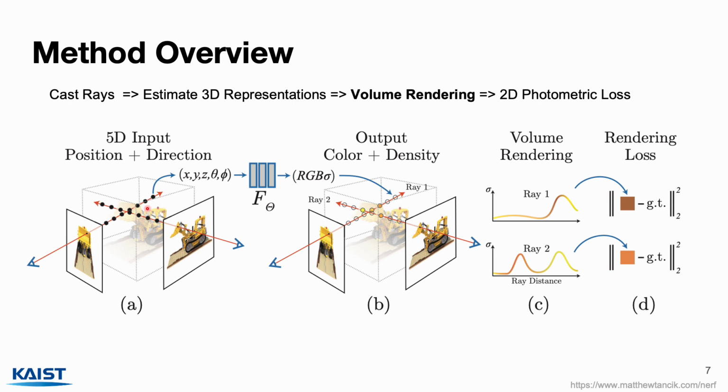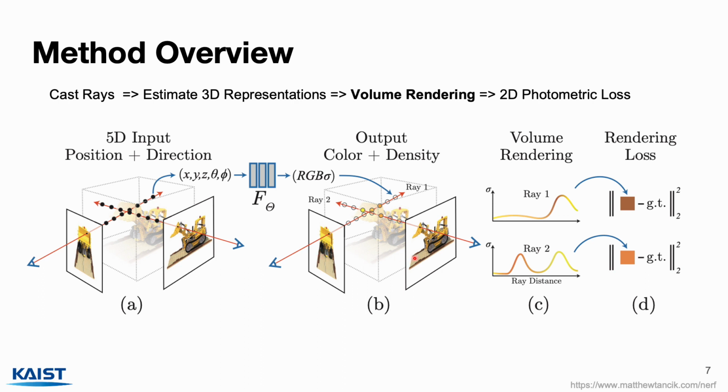We sample hundreds of 3D points along the ray, and this is why it is called volumetric. We estimate the 3D representation of each point just like we talked about earlier. And we can accumulate these estimated 3D points into 2D space to represent the corresponding 2D pixel color.